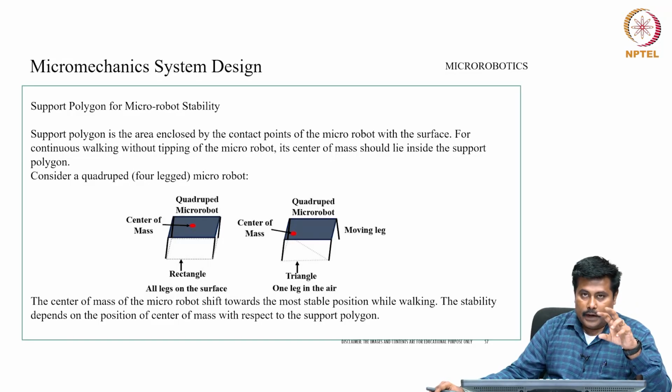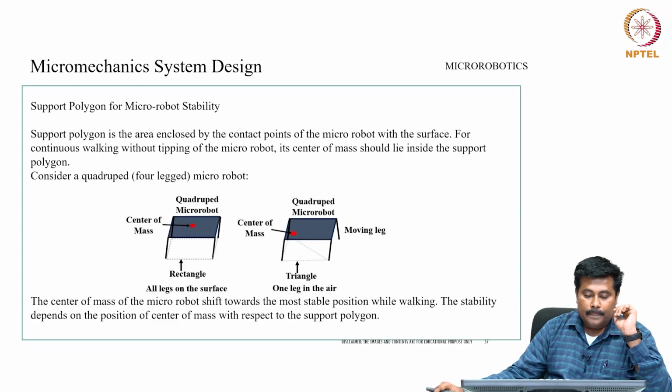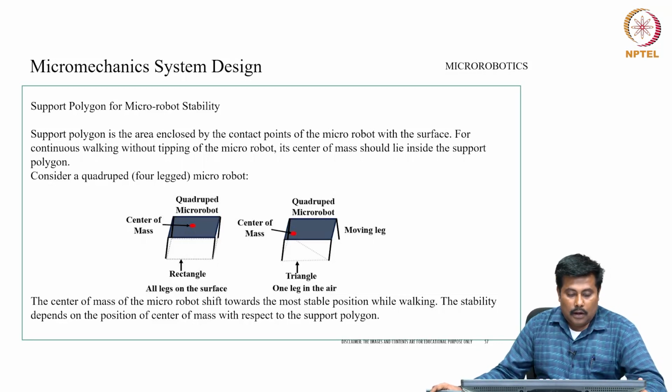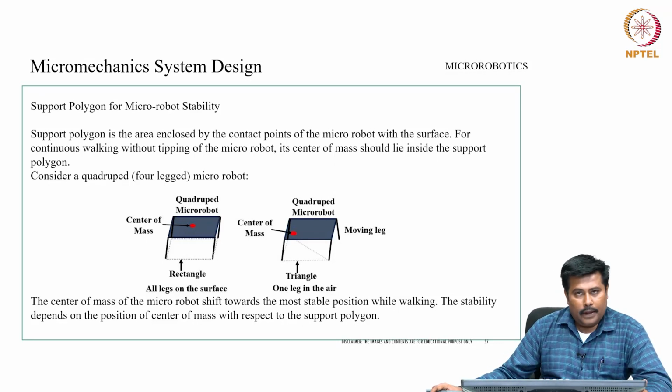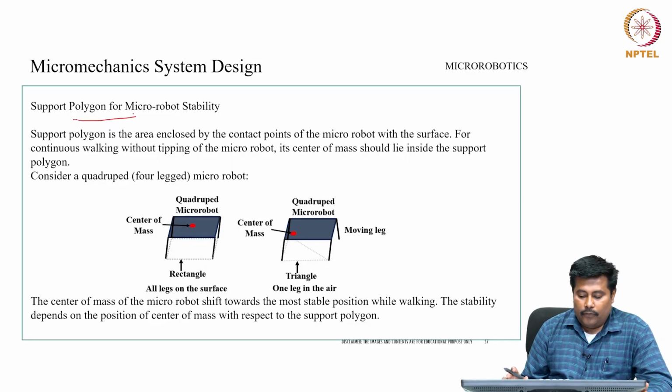which is a generalized strategy employed for control stability. Now, let us talk about the overall control stability for a micro robot. One of the key strategies for considering micro robot stability is the support polygon.